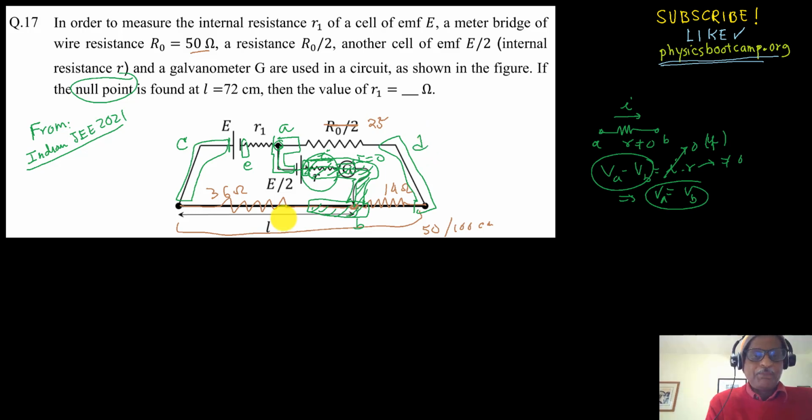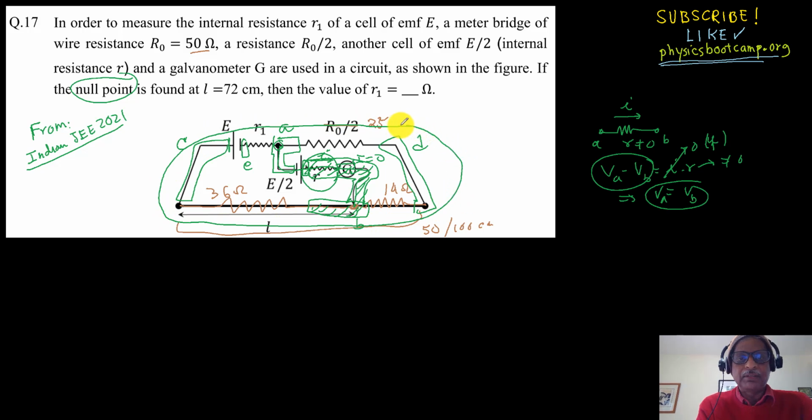So you can write equations now. One of the ways to do it is, because there is no current here, all of these have the same current, so current circulates over there.